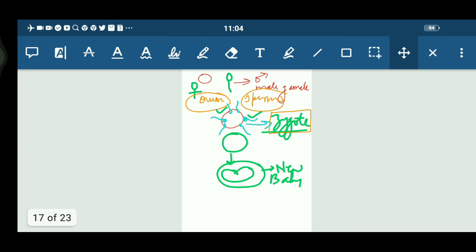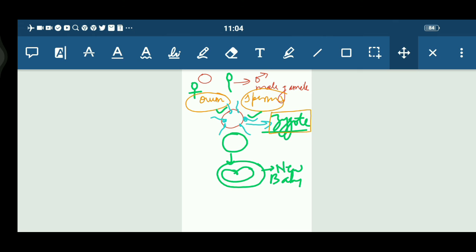Now students, the whole process of sexual reproduction in animals involves the formation of sperms and eggs. They form with the help of gametogenesis, that you will be studying in your higher classes. So once the sperm is formed in the male body and the egg is formed in the female body, then what happens?